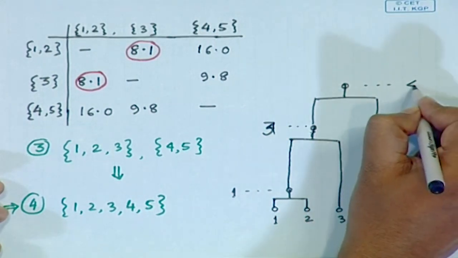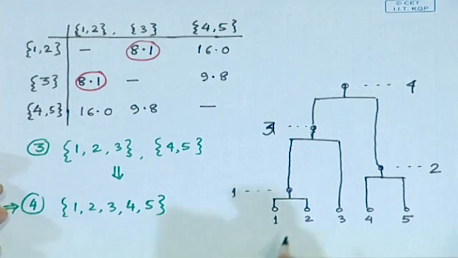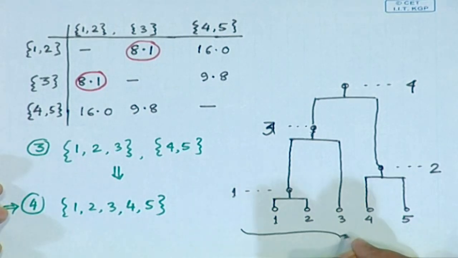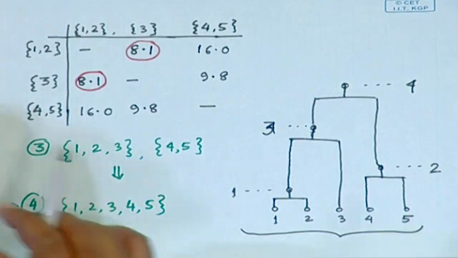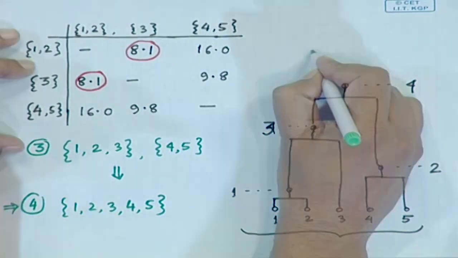So, this is after the 4th step. So, you find that what I get is a tree structure, and as we said, this tree structure is a binary tree, because at every step we are combining only 2 of the clusters into a single cluster. Okay. And this complete diagram is called a dendrogram.